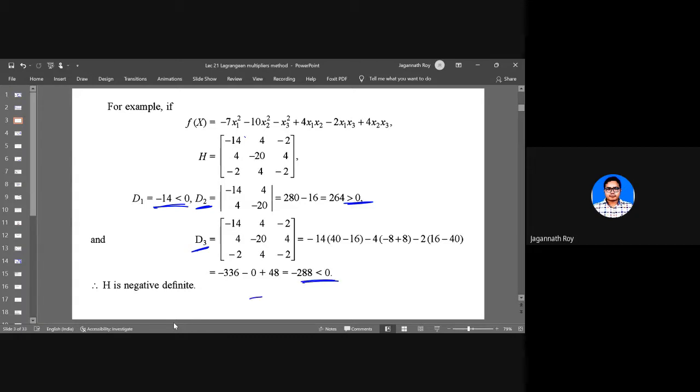So it is negative, positive, negative, so it is negative definite. Whenever it is negative definite, this implies it is a concave function, and a concave function will lead us to maximization.